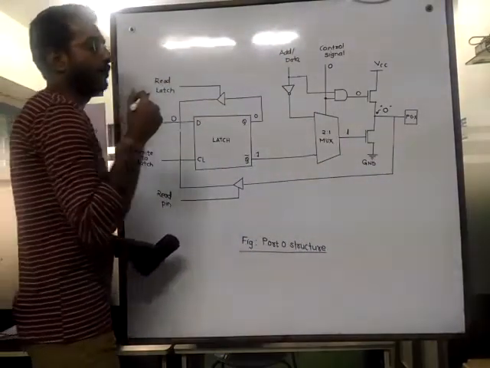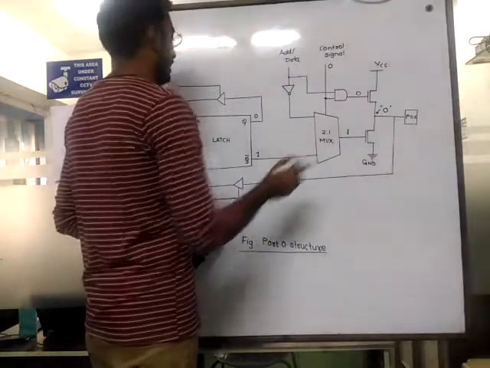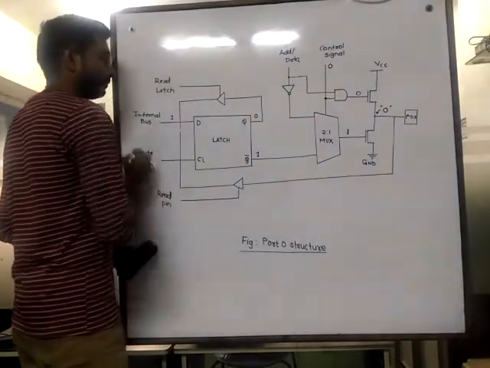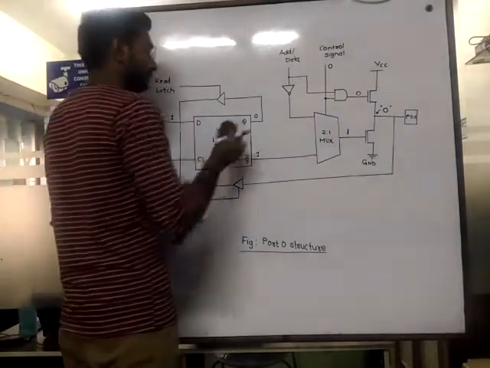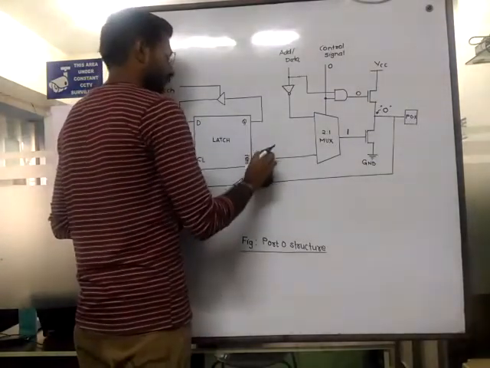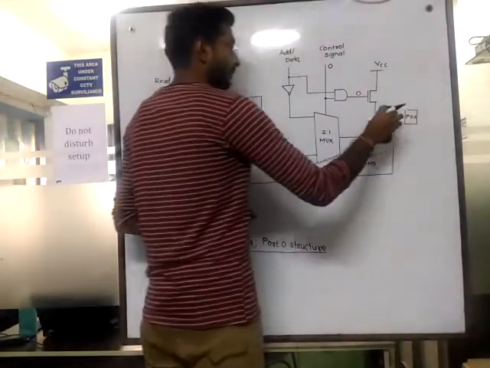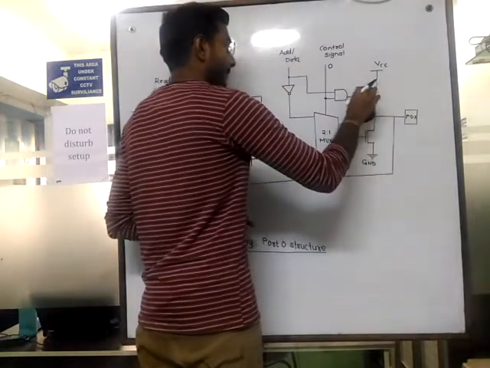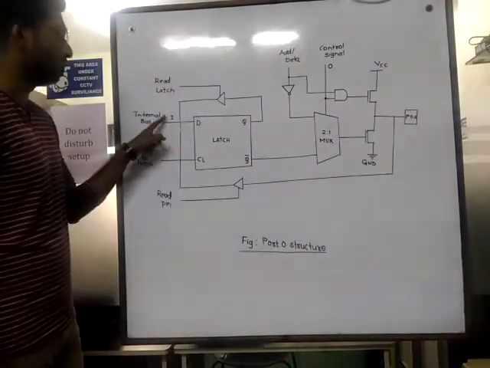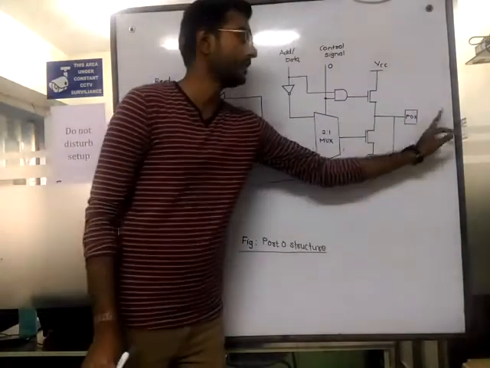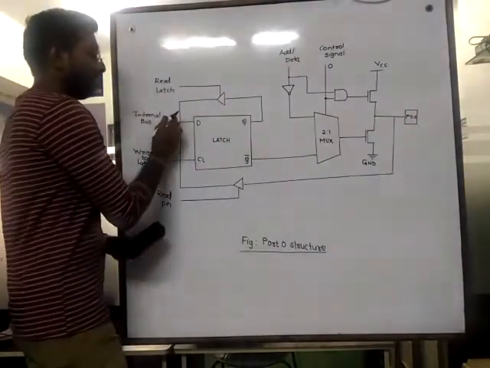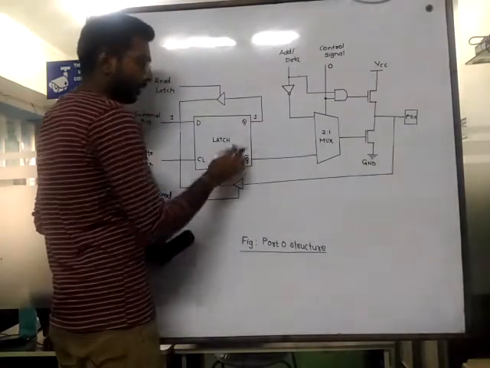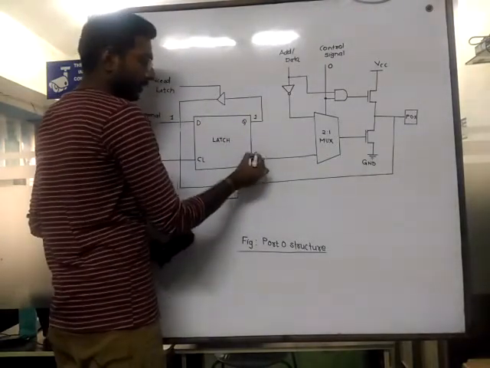So if we want to output a bit 1, let's see what happens. We want to output bit 1 from this pin outside. So 1 is here, this will pass 1 here. The complement of this 1 is 0 here.